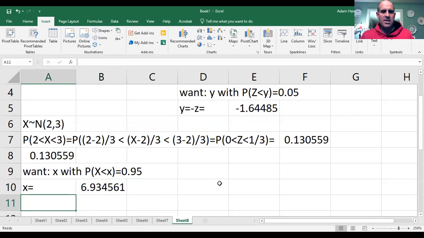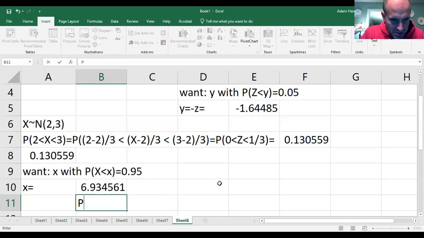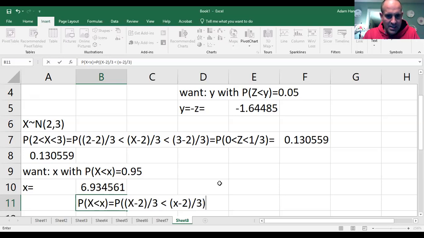6.93. What's the other way that I could have done this? Well, I could have actually changed everything. I could have said, if the probability that x is less than little x is equal to the probability that x minus 2 over 3 is less than little x minus 2 over 3, then this is equal to the probability that capital Z is less than little z.